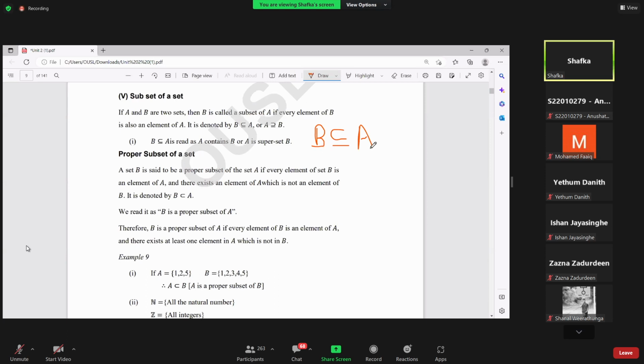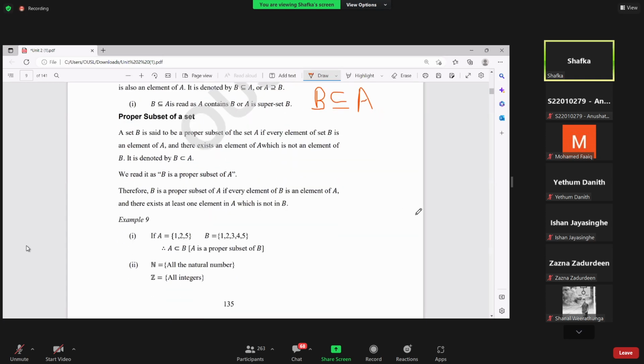B is the subset of A and A is the superset, the larger set. A set B is said to be a proper subset of set A if every element of B is an element of A and there exists an element of A which is not an element of B. We represent it as B is a proper subset of A.